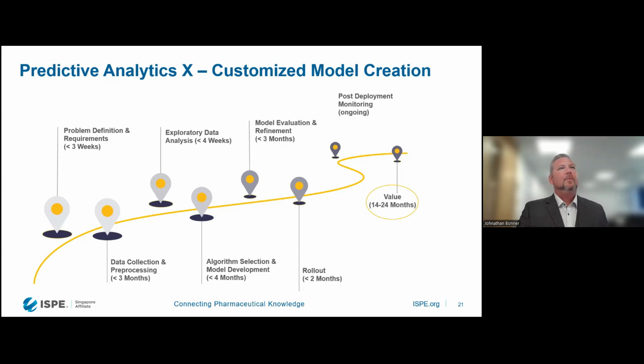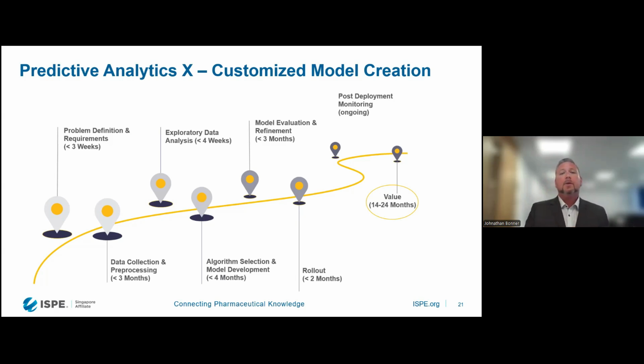Now, predictive maintenance often gets confused with predictive analytics, or at least there are approaches which rely on pre-built machine learning models or customized model creation. I'm not going to go through all of these in great detail, but you can see there are multiple steps which take a huge amount of time. Your problem definition takes roughly 3 weeks, data collection another 3 months, getting data at a huge high frequency rate.